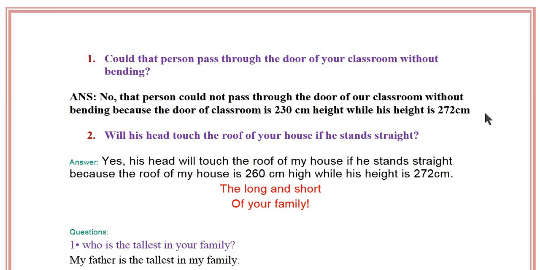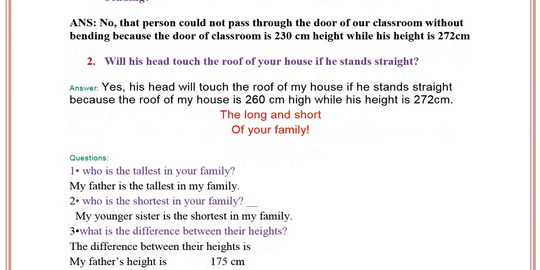Because we know the height of the person is 272 centimeter and door of our classroom's height is 230 centimeter. So, without bending, this person could not pass through the door of our classroom.